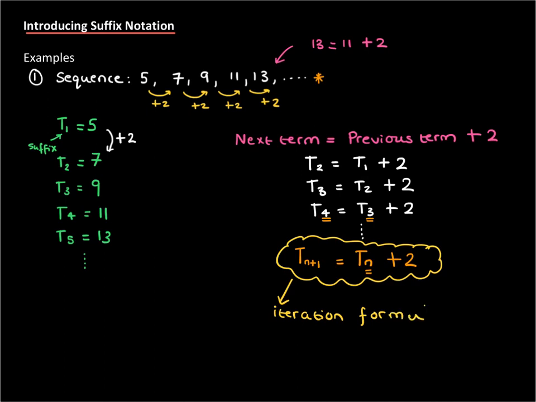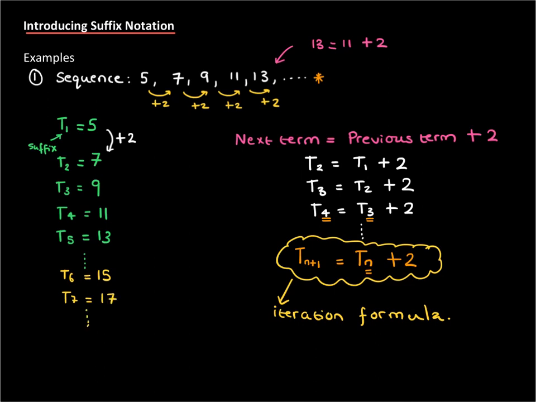Now, what does iteration actually mean? Iteration, in this particular context, just means we repeat something and we generate more and more terms. So when we create our sequence, we stopped at term 5 previously, term 6 is equal to 15, term 7 is equal to 17, and so on.